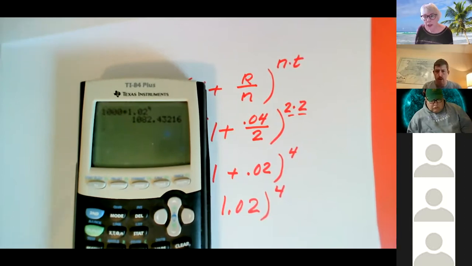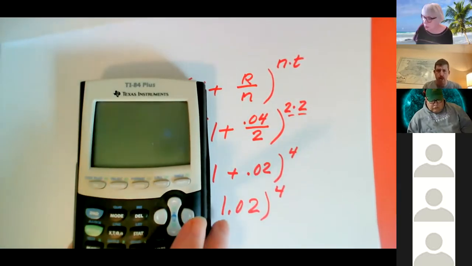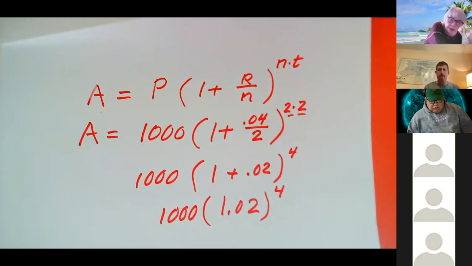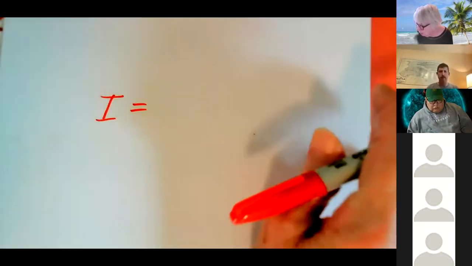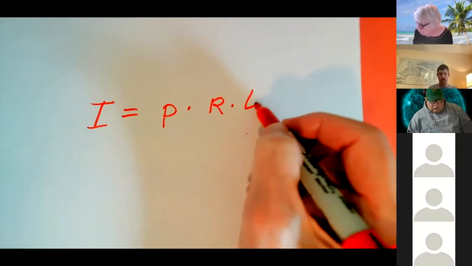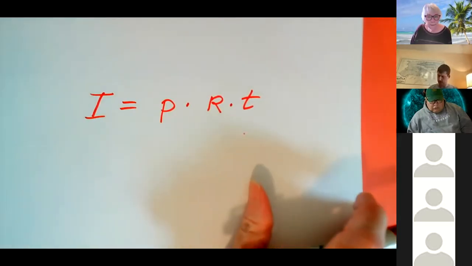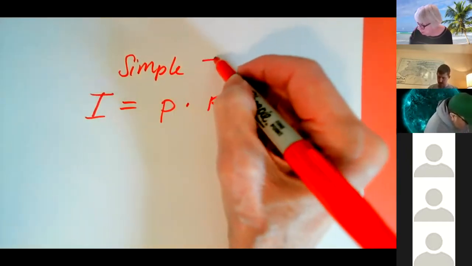Mortgage payments are done in reverse, but it is compound interest, and so it's going down. So I just wanted you to see it so that you realize it's different from simple interest. And simple interest works with this formula: principal times the rate times the time. This is simple interest, and this is the one we will test on.